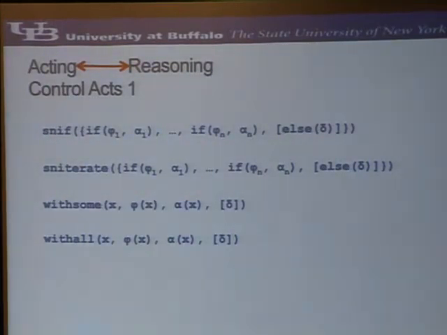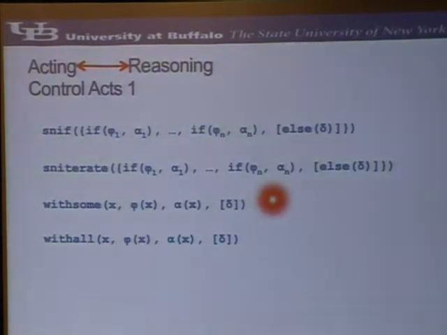If none of the phi's can be derived, then do delta. Sniterate: if one of those phi's holds, do the alpha and then do the whole sniterate again. If none of them hold, then perform delta. Delta is optional. If it's not there, just go on, you're done.